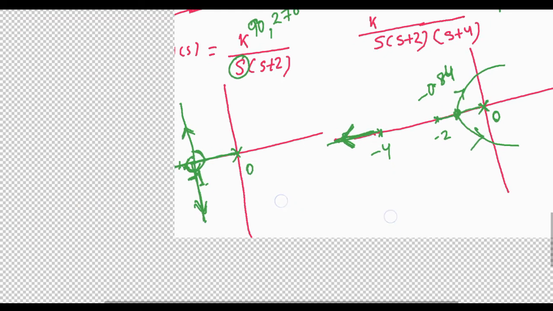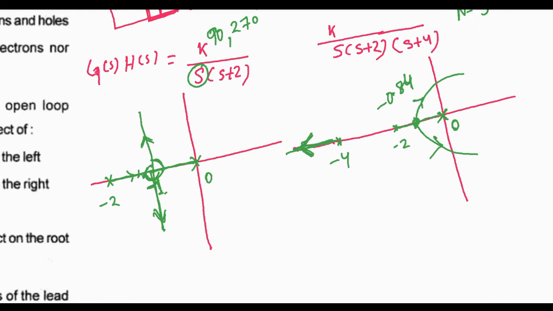So now what we have seen, this is pulling. If we add an additional pole to the open loop transfer function, it will pull the root locus towards the right. That means here this one is -1 and here this one is minus 0.84, and this is crossing the imaginary axis and going towards the right half.